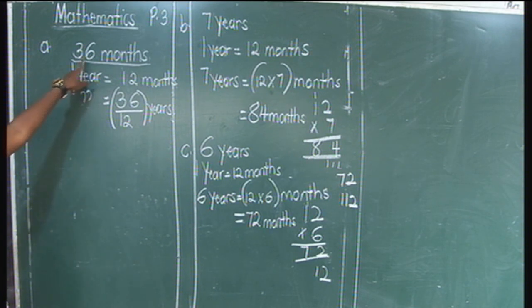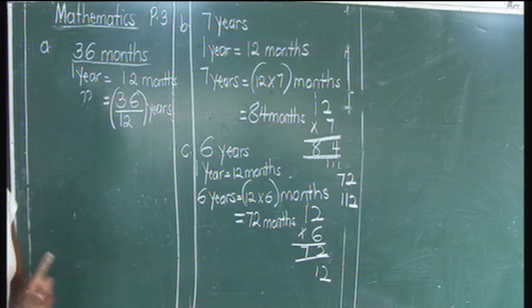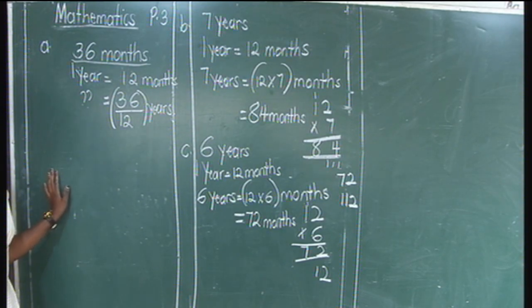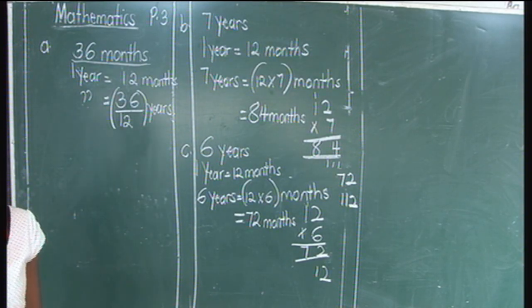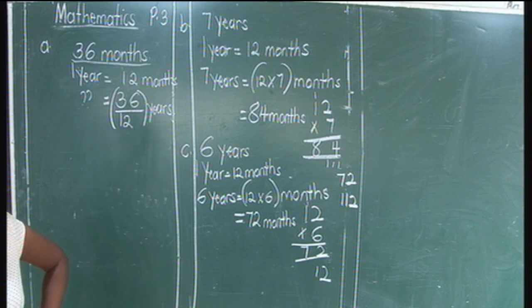We shall get the 36 months divided by those months which are in 1 year, which are 12. Now we shall have 36 divided by 12. What do we get? What is the answer?